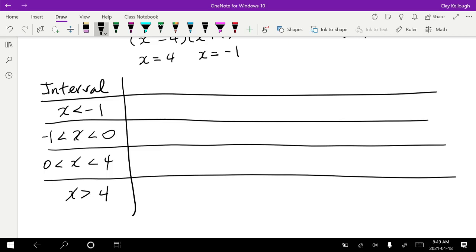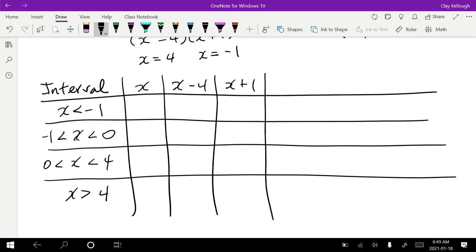I have 1, 2, 3, 4 intervals and 3 different factors to worry about. I have the x factor, the x minus 4 factor, and the x plus 1 factor. Then I want to know what the derivative is doing, and then I want to determine if that's an increase or a decrease.